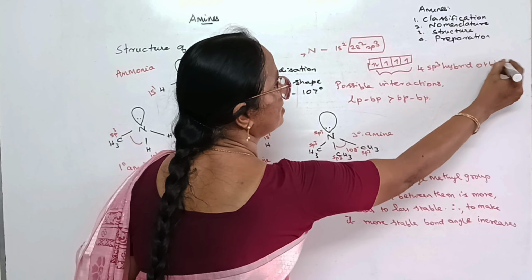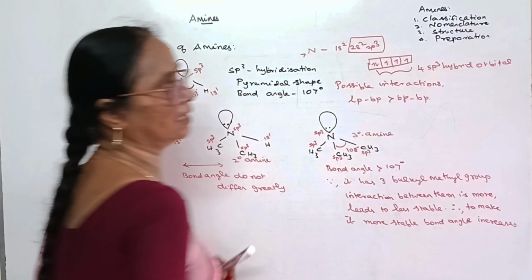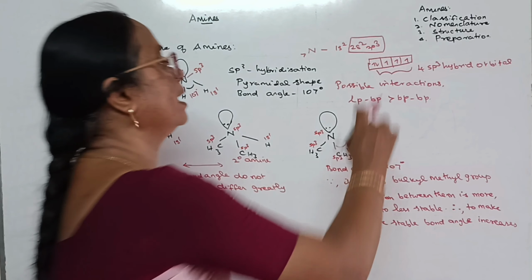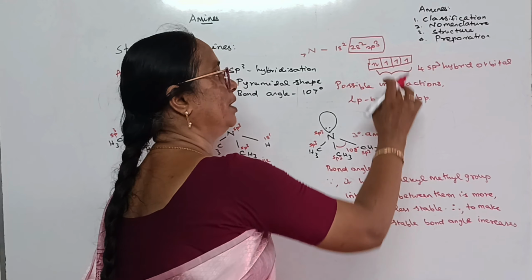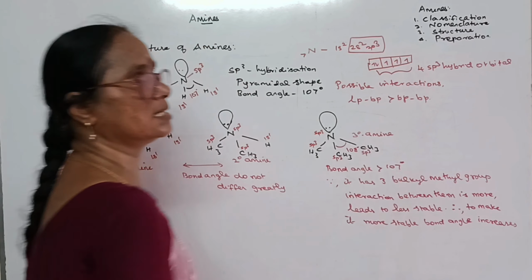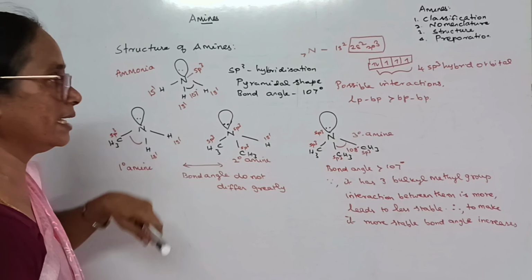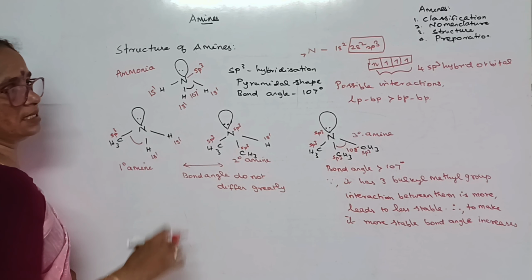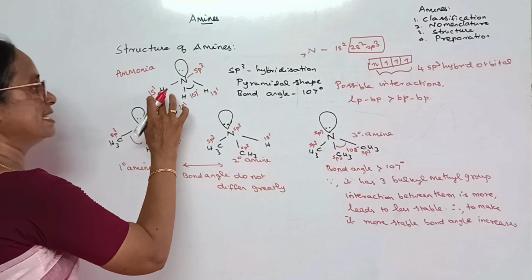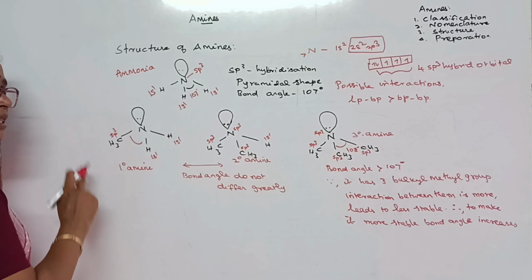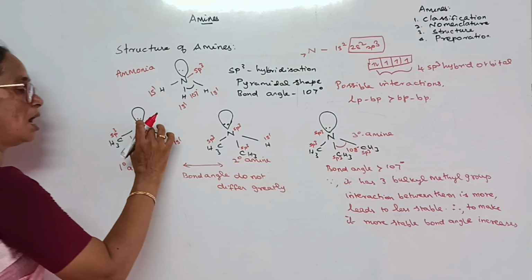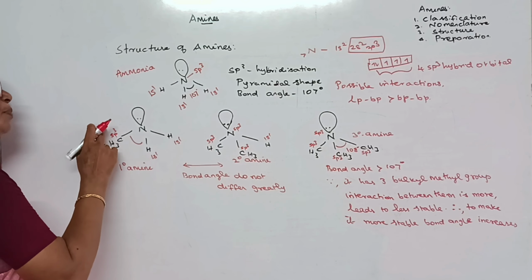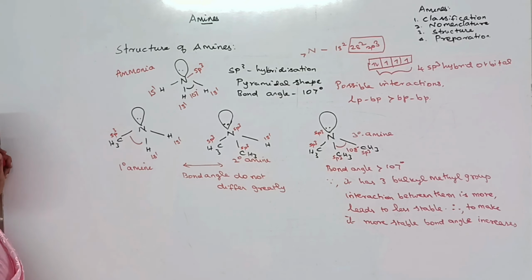In this case 3 are single, that is, it has 3 odd electrons in sp3 hybrid orbitals. Those 3 odd electrons of nitrogen can overlap with the 1s1 orbital of hydrogen. Or instead of hydrogen, when you have methyl, the sp3 hybrid orbital overlaps with the sp3 hybrid orbital of carbon.